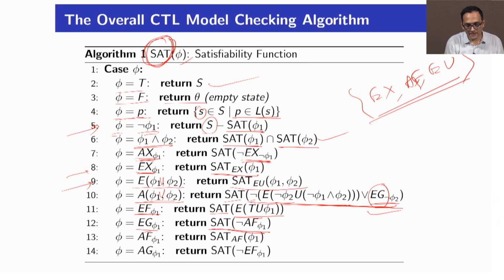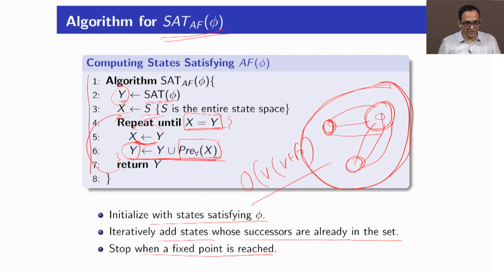So, I represent EG in terms of an equivalent formula, and then I call, next time this will come to this formula, because of the negation of phi 1. Then I will call sat with AF phi, and the next time this will come back to this line.